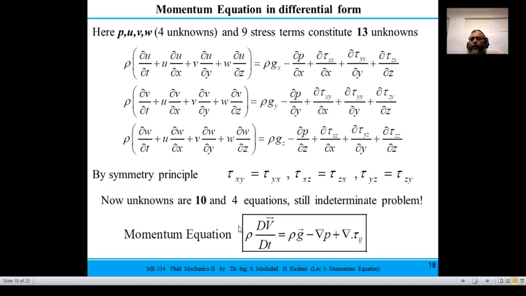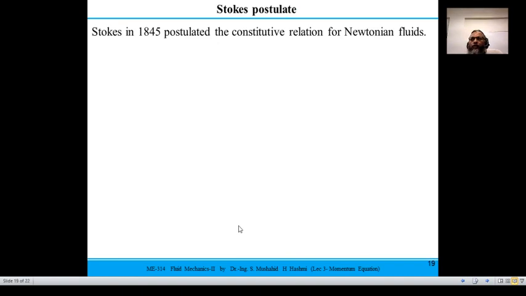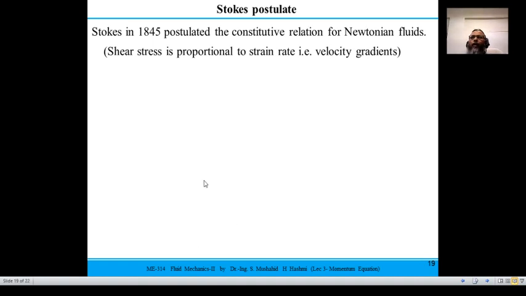What we do here is, Stokes postulated a relation applicable for Newtonian fluids in 1845, a long time back, which states that the shear stress is proportional to the strain rates. In the first lecture, we already saw that the stresses are related to velocity gradients by Newton's law of viscosity.